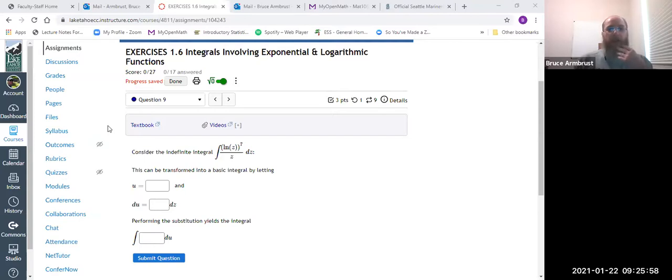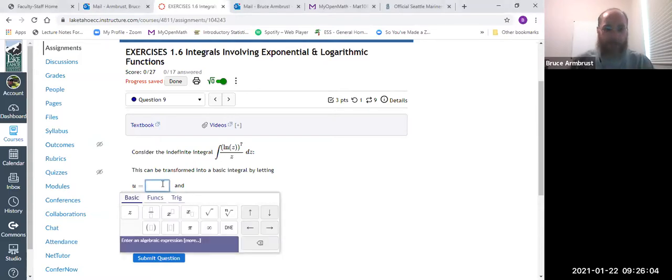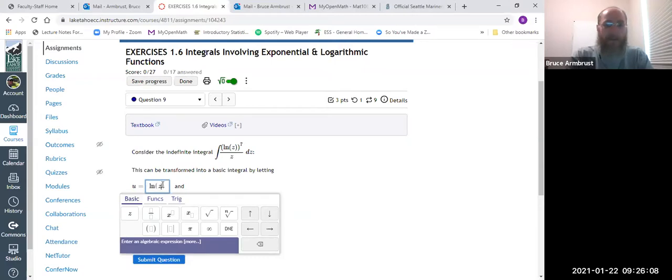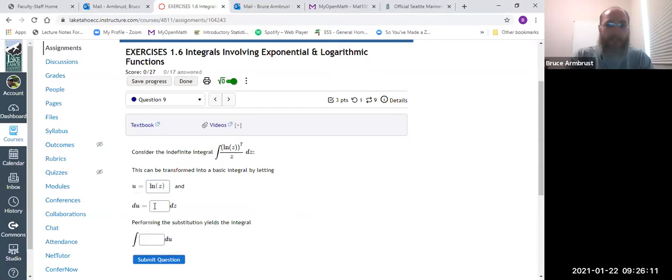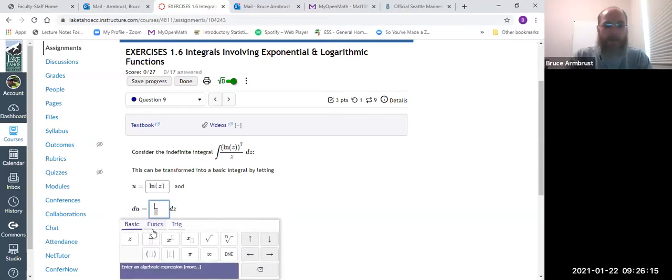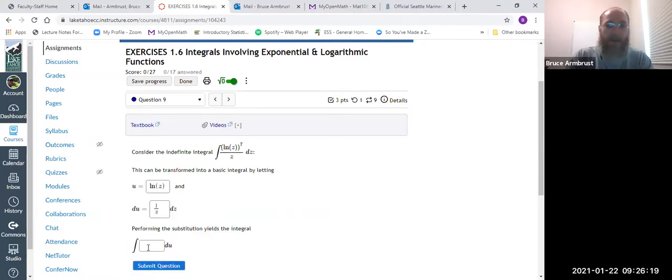All right, so it would be u equals natural log of z. Let me just get some points here because I never get points. So u equals natural log of z, then du is going to be 1 over z, and then it leaves the integral. What did I say?